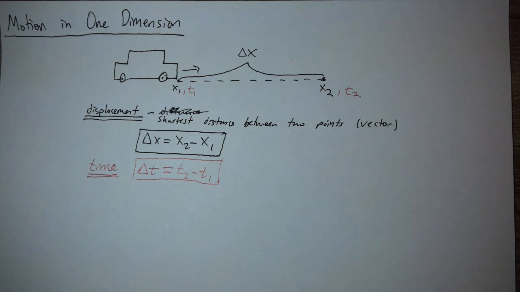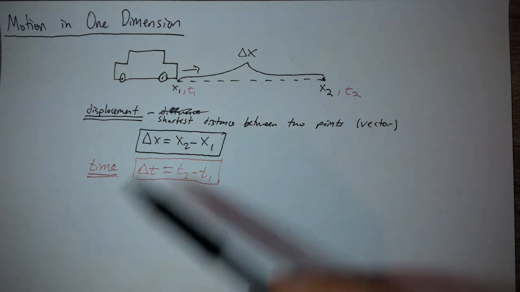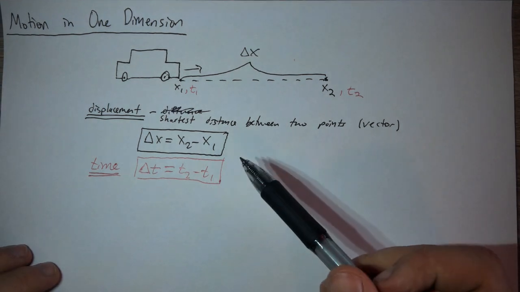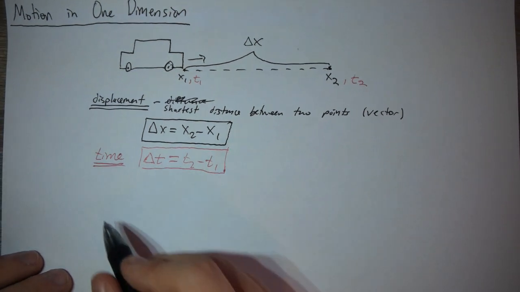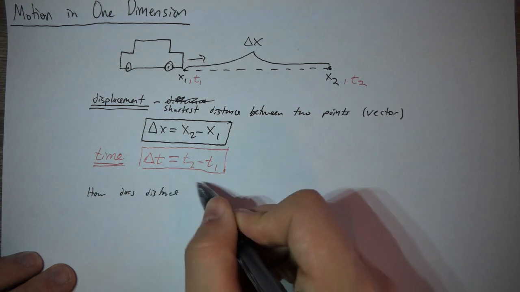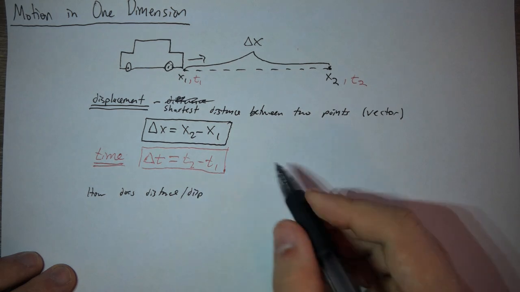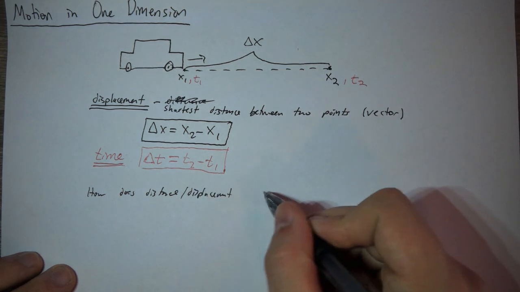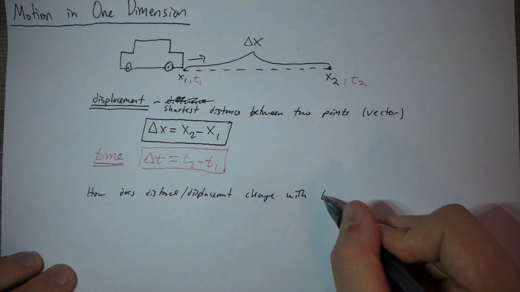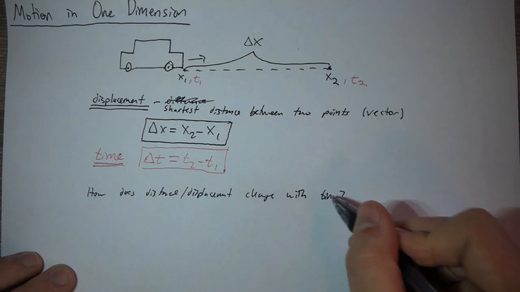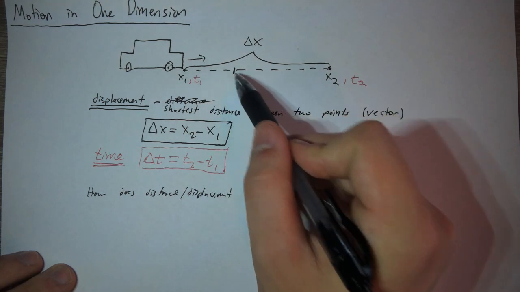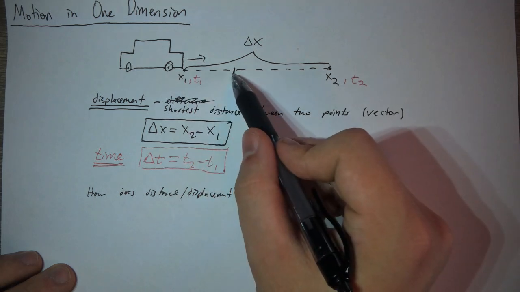Now, using these two variables, these two equations, we can come up with a third. And what we can do is ask ourselves the question, how does distance slash displacement, how does this change with time? So if we travel to this point, how long does that take?